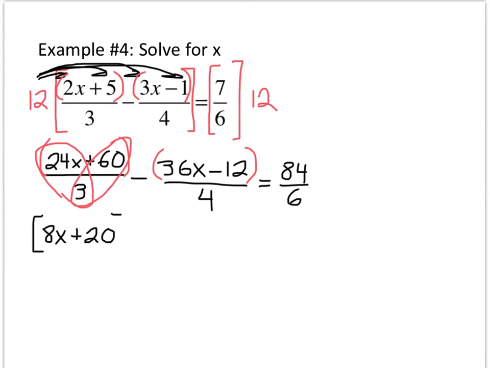So I want parentheses around the 8x plus 20, and I also want to keep those parentheses around as I then do 36 divided by 4, which is 9x, and then negative 12 divided by 4, which is a negative 3. And then finally the 84 divided by 6, which ends up being 14.